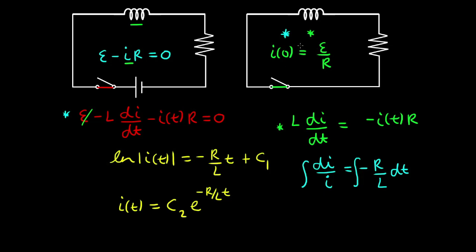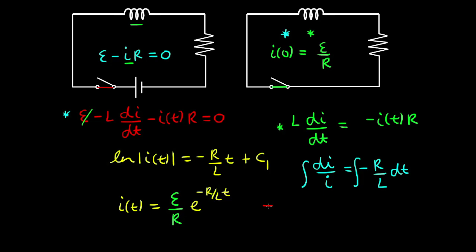Applying this initial condition, we have I of 0 is C2 times e to the 0. So the constant of integration is the EMF that was provided by the battery over R, which is the initial current through the inductor that initially behaves like a wire.